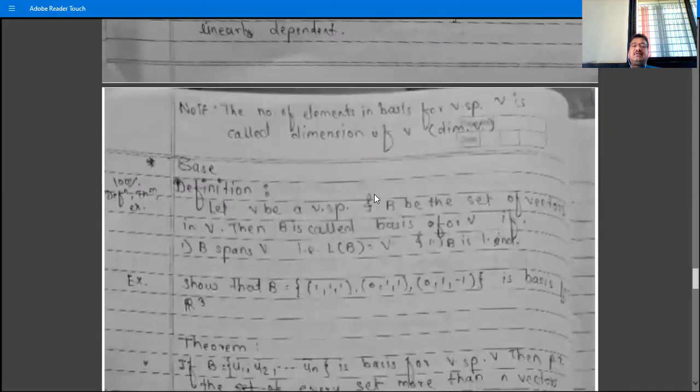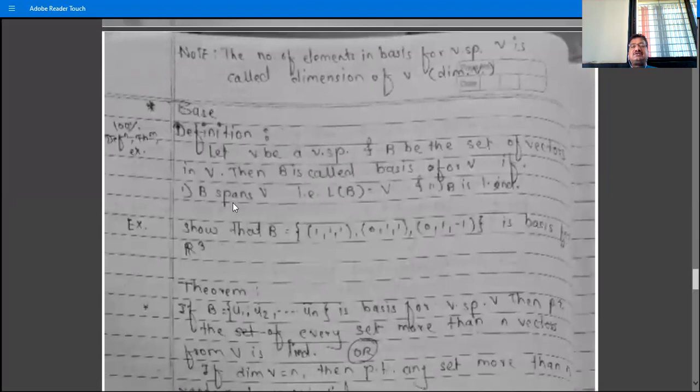Then we have to define the dimension and the basis of a vector space. Before that, we will see some more examples of linearly dependent and independent sets. In the next topic, basis, the topic depends on spanning and linearly dependent and independent vectors or sets.